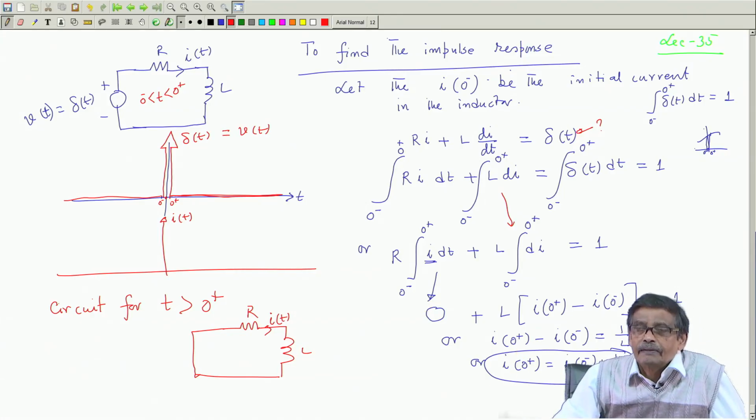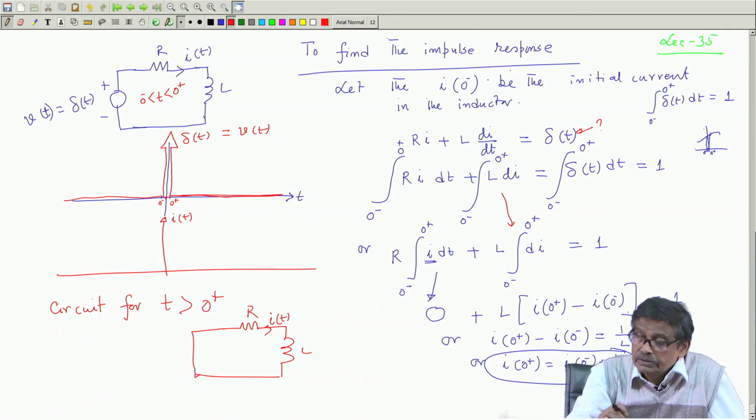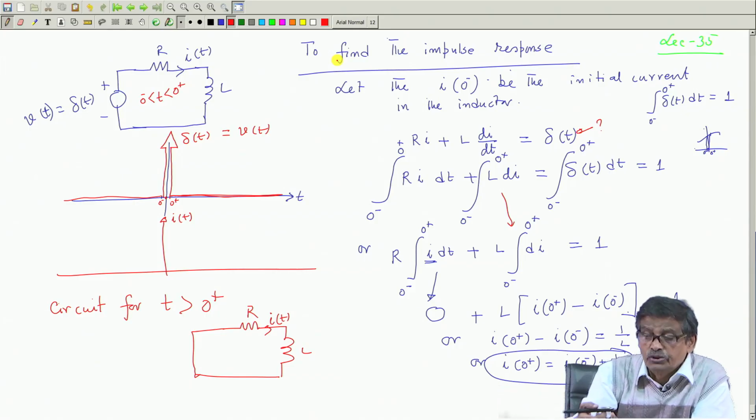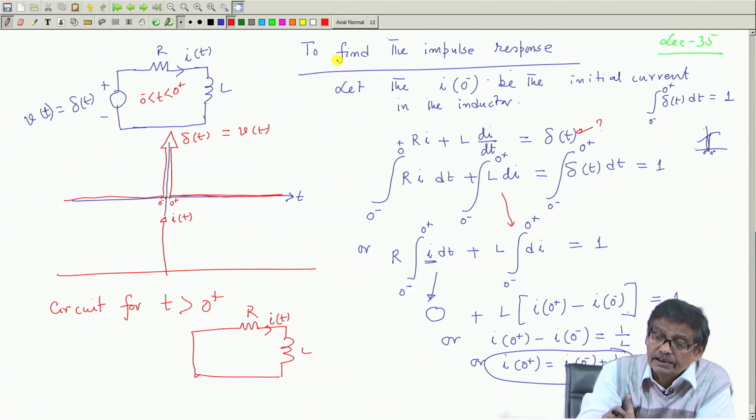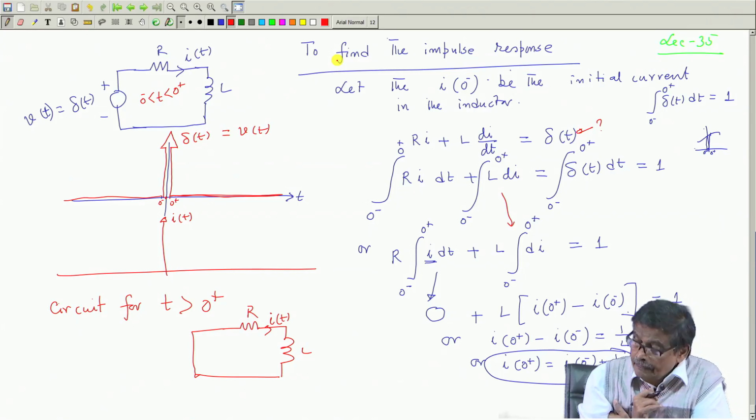In other words, think in this way, the inductor had some initial current I 0 minus from some other circuit. Suddenly this inductor is connected at t equal to 0 to this circuit. This inductor has been brought in here after inheriting some current I 0 minus, and suddenly you have impressed an impulse in this R L network.